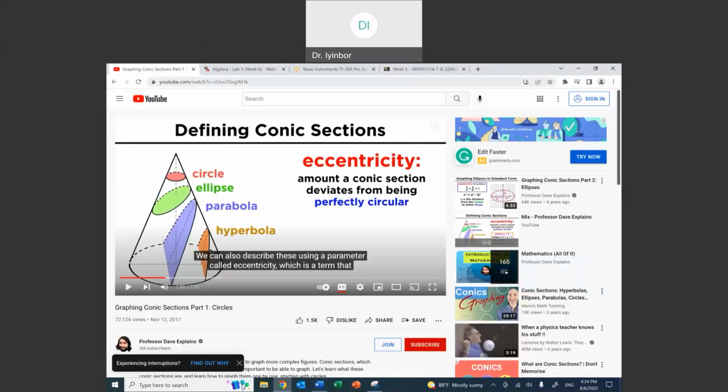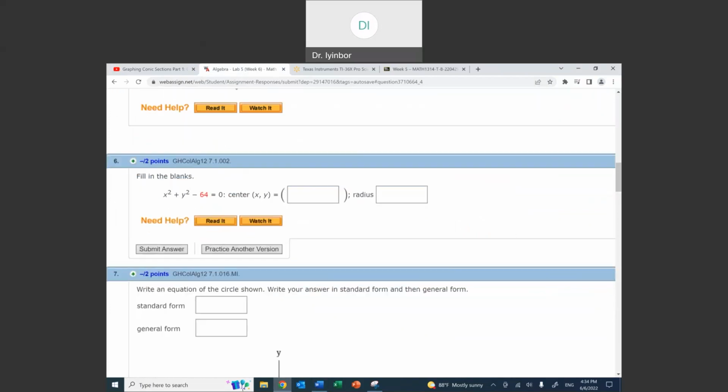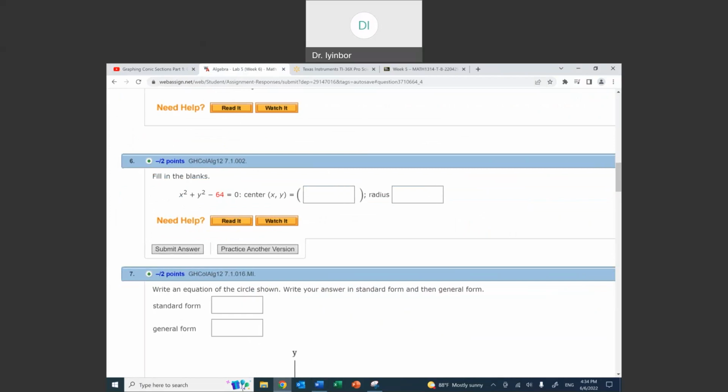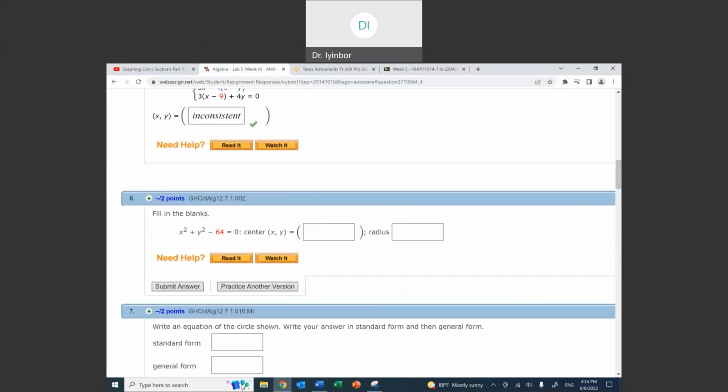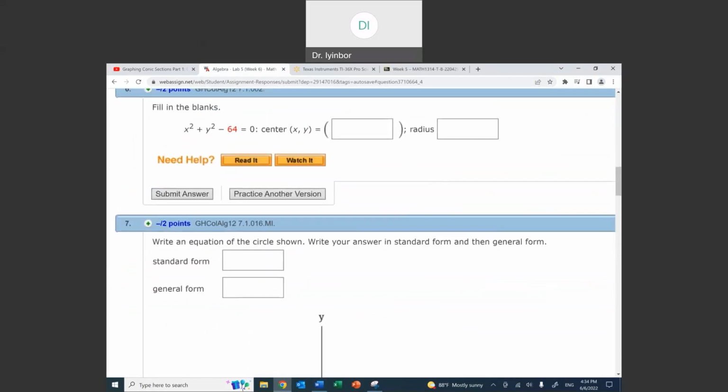Going back to my handout here, we continue with number 6 in the lab. For number 6, we have to find the center and the radius if the equation is given in this form.